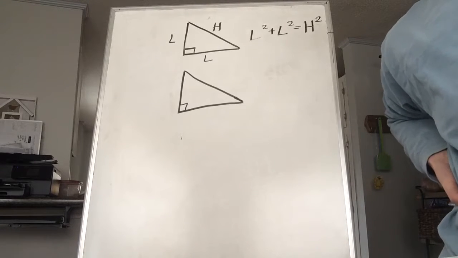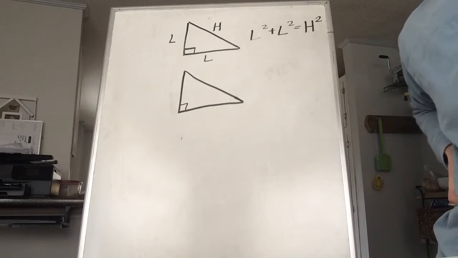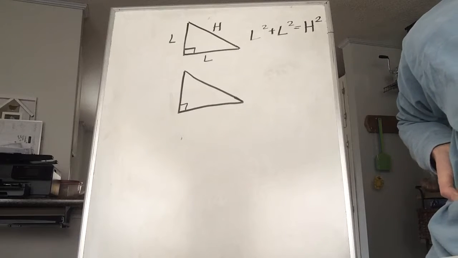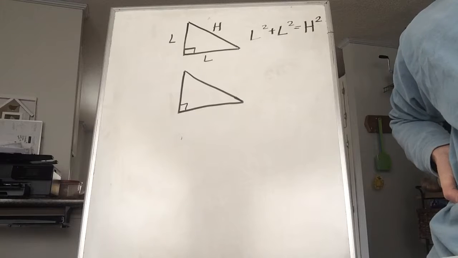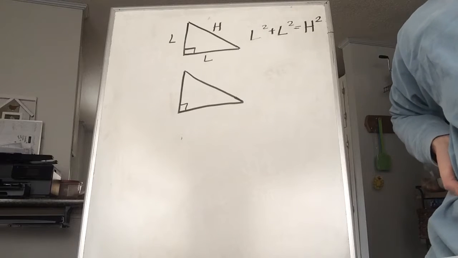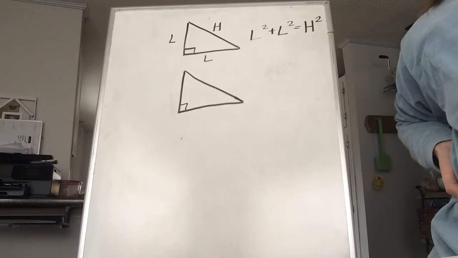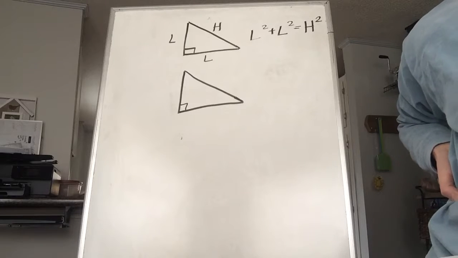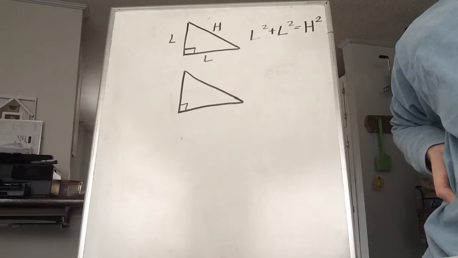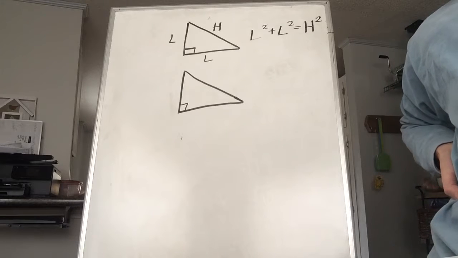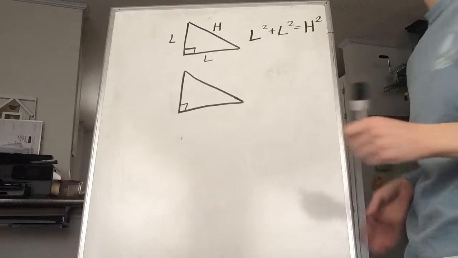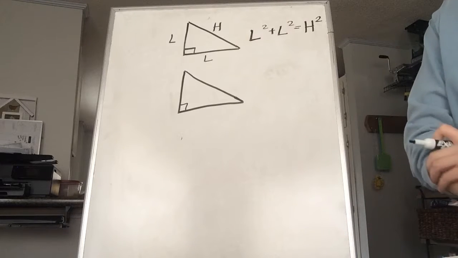So number one is: if A and B are legs and C is the hypotenuse, the Pythagorean theorem can be written as, and it gives you several choices. Just remember, the Pythagorean theorem is only used for right triangles. When you're given two parts, either a leg and the hypotenuse or two legs, you can figure out the missing side. Matthew C states it simply as leg squared plus leg squared is equal to hypotenuse squared.